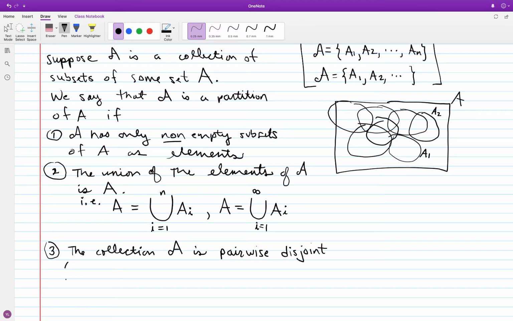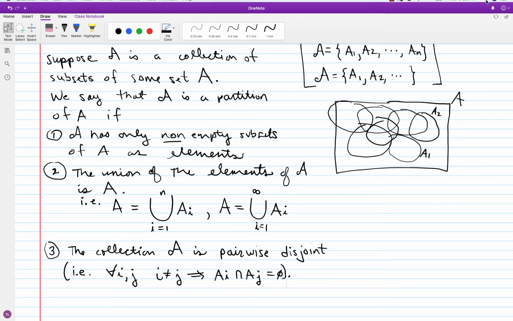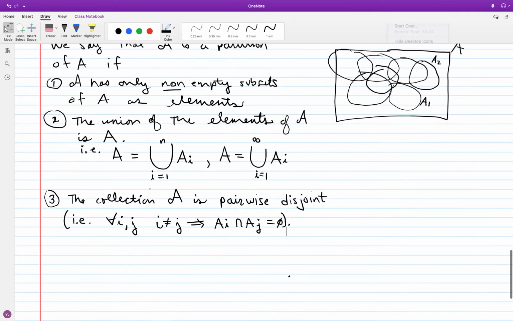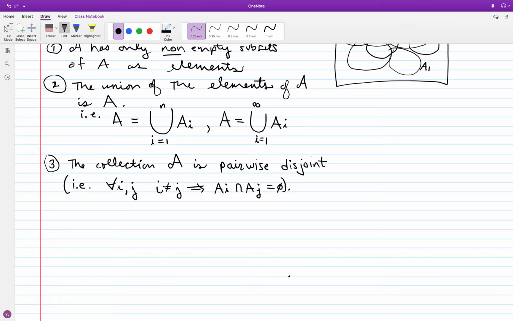What I mean by that is, for any two indices, if i is not equal to j, then Ai intersected with Aj gives you the empty set. All this means is that the different sets in curly A don't have any common elements.